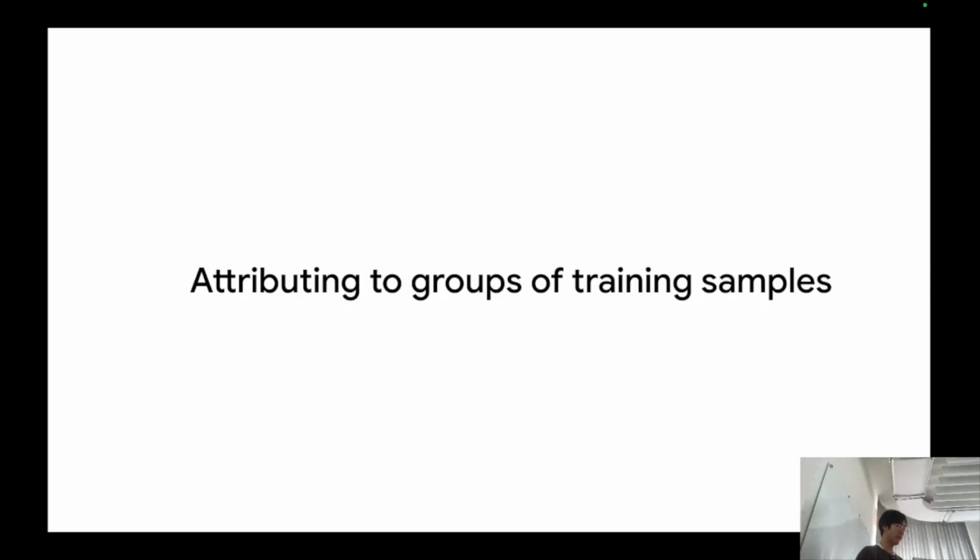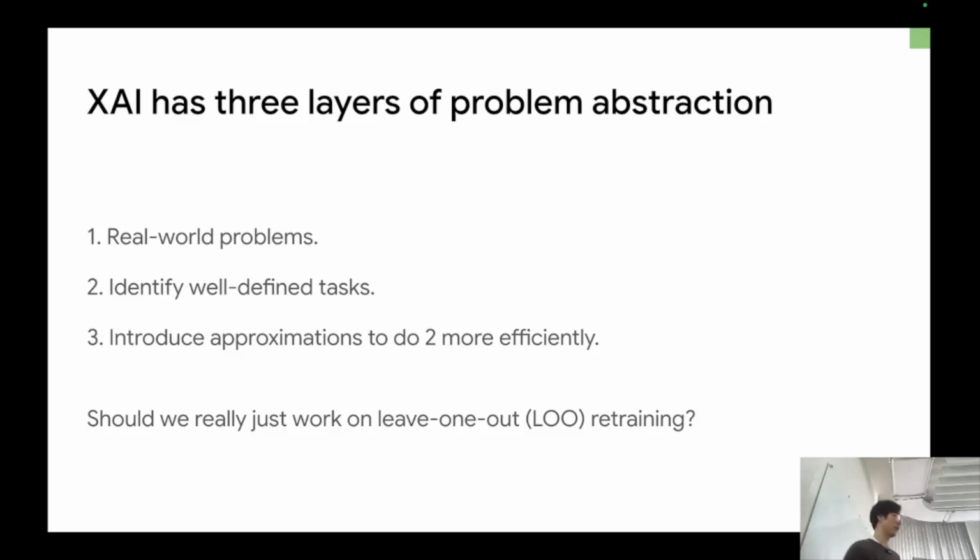Now, coming back to some foundations of training data attribution. Let's take a look at attributing not to a single training data point, but to multiple of these. Why do we care about that? We are looping back to the three layers of abstraction in XAI. We start from some real world problem, then from there we identify a few useful, quantifiable tasks, and then we do some approximation.